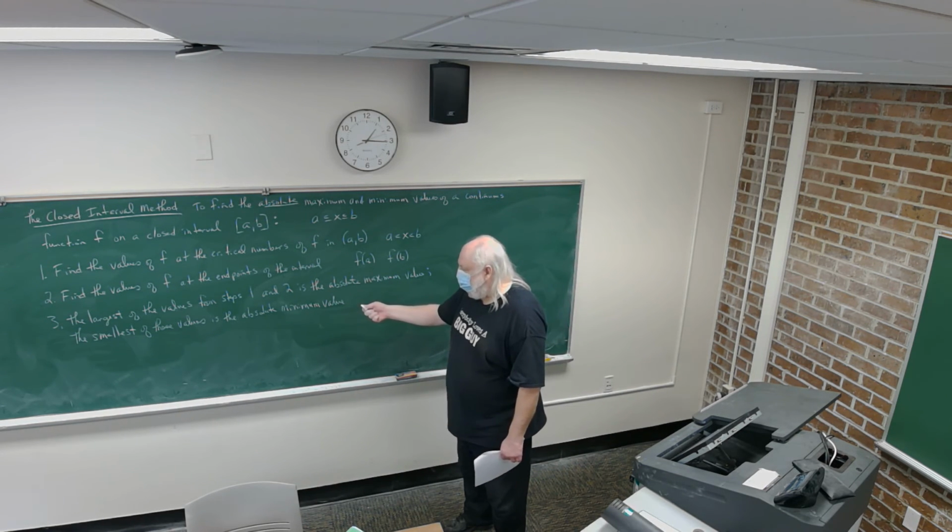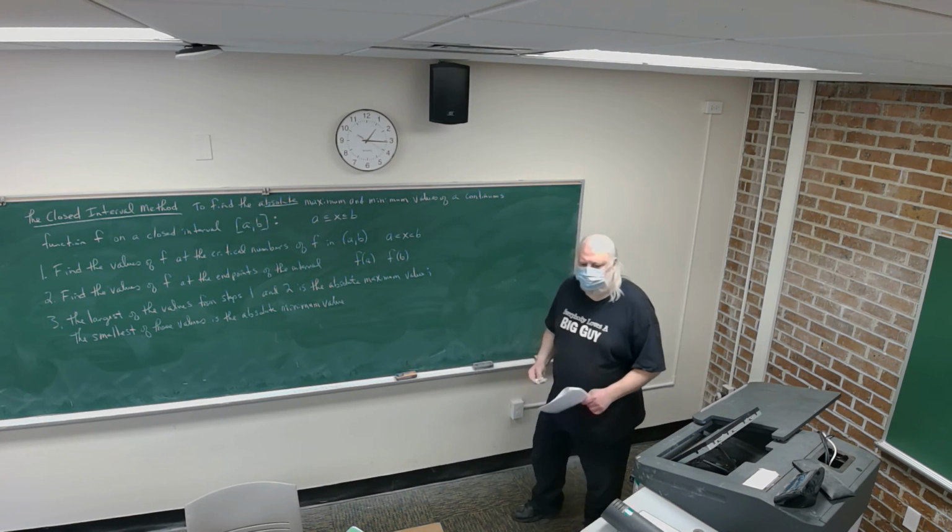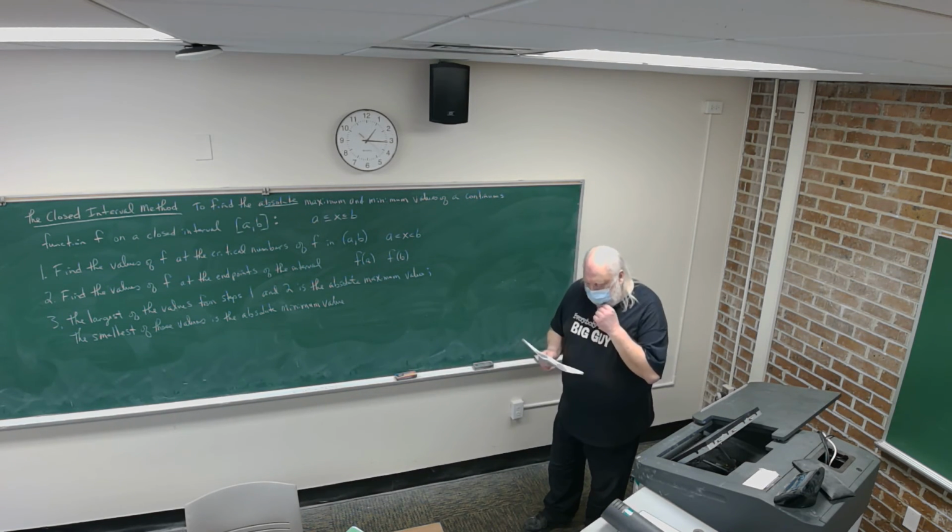The largest value from that set of numbers is the absolute maximum value, and the smallest is the absolute minimum value.